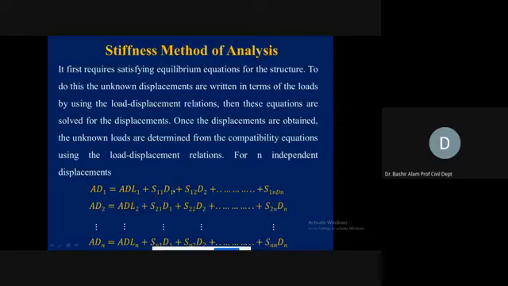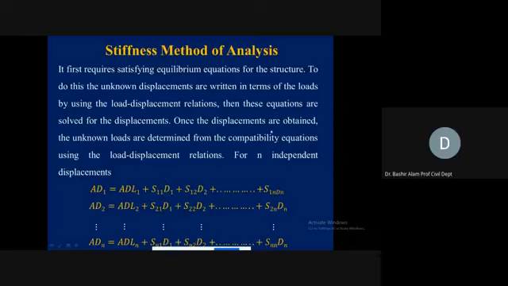D used to be AR in the previous method, the unknown redundant action. Here it is the unknown joint displacement. So you see the similarity in both the methods. Once the displacements are obtained, the only unknowns in this equation will be the displacements. The rest of the three parameters will be known from the load displacement relations.